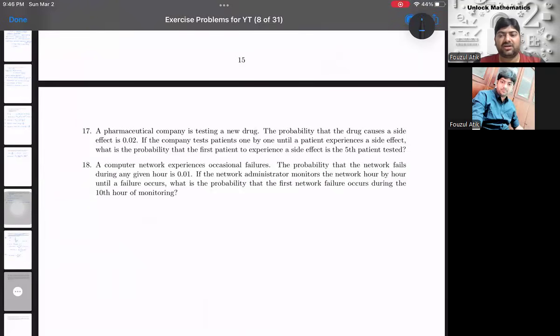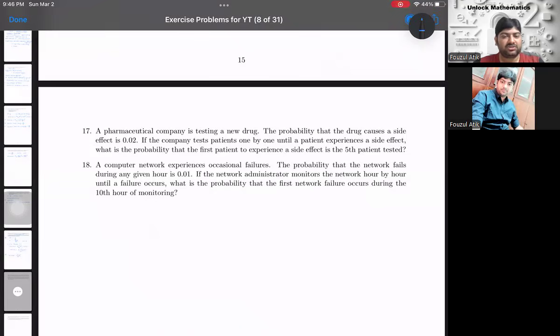Right? So here, the number of patients tested until the first side effect follows which kind of distribution? Suppose x is a random variable that counts the number of patients tested until the first side effect. So try to recall the geometric distribution. What was that? You will do the Bernoulli trial until you get a success. Remember? So is it not like that?